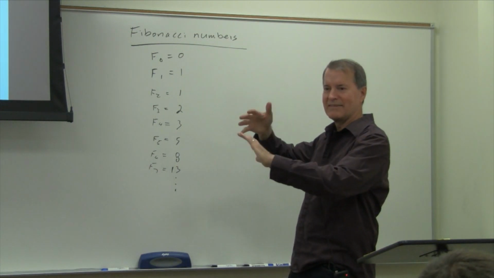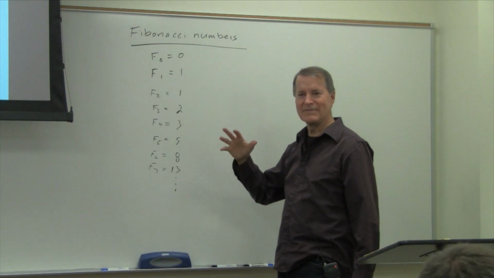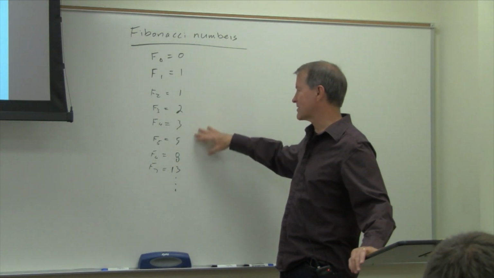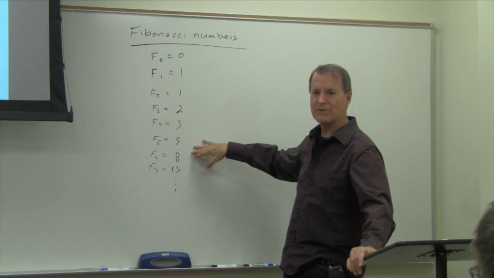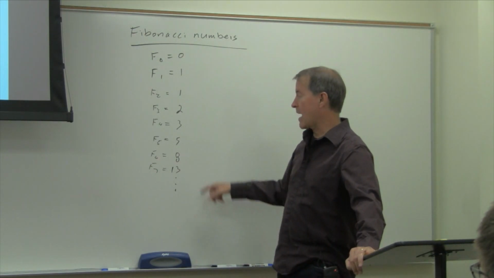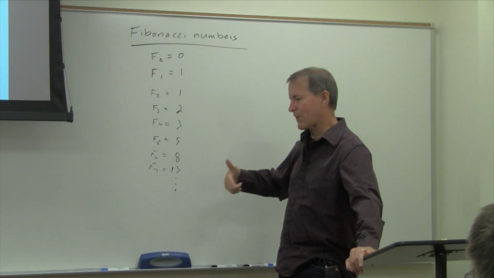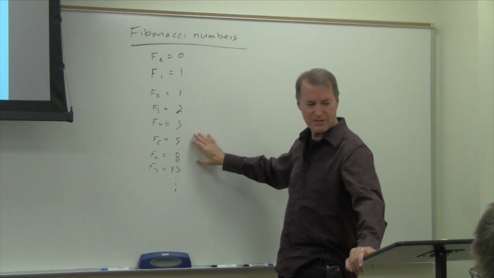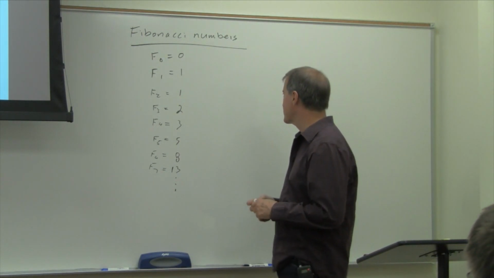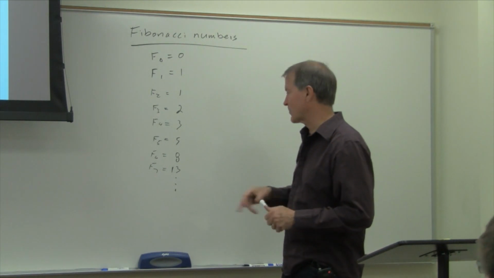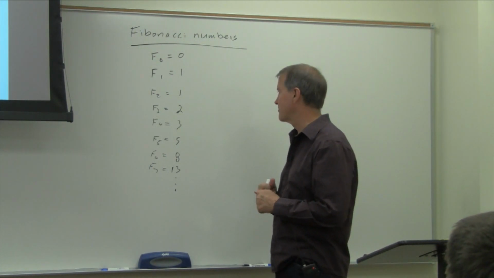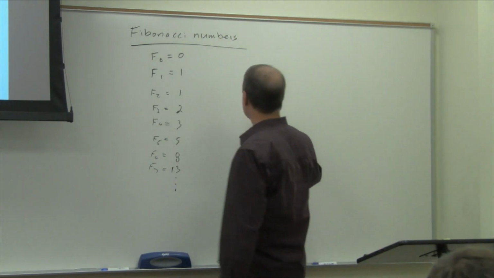I think this is a model for population growth, stuff in nature. But not only that, there's also a spiral that's based on this Fibonacci thing. Now here's another place where these numbers actually crop up. Now let me ask you a question.